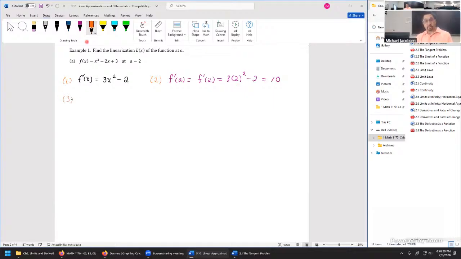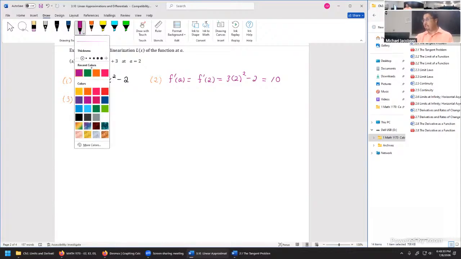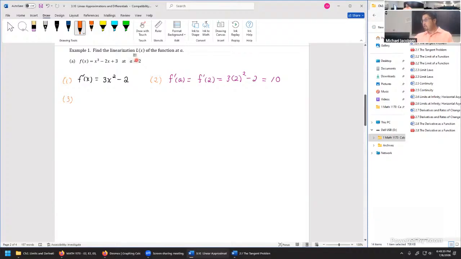Step 3 is a little bit different because we have a new formula we're using. Our formula is that the linearization L of x is in this form, f of a plus f prime at a times x minus a. The answer is going to be in that format. So because we're using this form for writing down the linearization, my next step, step 3, would just be find f at a.